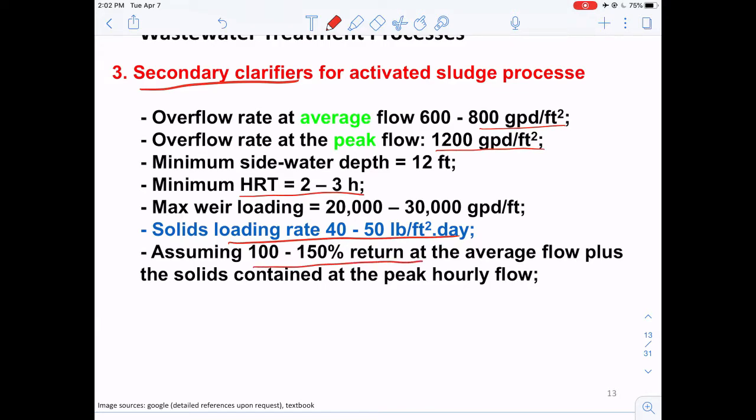It also assumes 100 to 150% return at the average flow. These are probably too much detail regarding the design of the secondary clarifier, so if you're interested in these details, you can go through the textbooks.